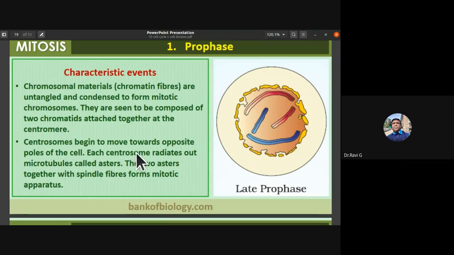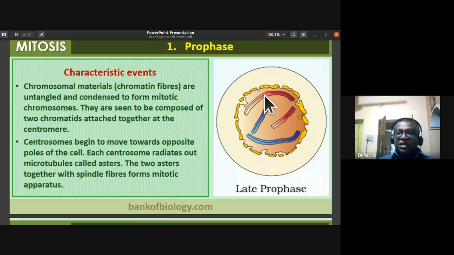So the characteristic events of prophase are that the chromatin fibers are untangled and they condense to form mitotic chromosomes. Okay, the condensation process takes place, and they condense to form the mitotic chromosomes. They are seen to be composed of two chromatids attached together at the centromere. So they have sister chromatids attached together at the centromere.